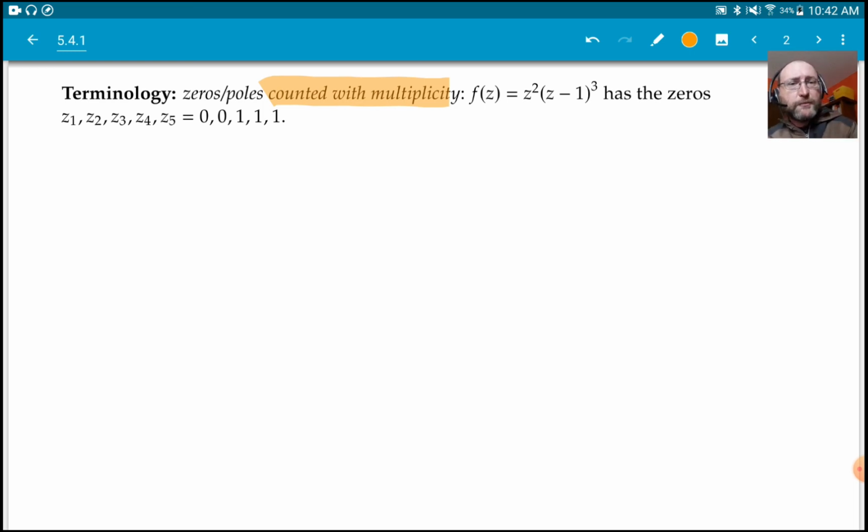So for example, if we have z squared times (z minus 1) cubed, that has zeros at 0 and 1, but it really has 2 zeros at 0 and 3 zeros at 1. So it really has 5 zeros: 0, 0, 1, 1, 1. Those are the zeros of this function counted with multiplicity. So that's what we mean.